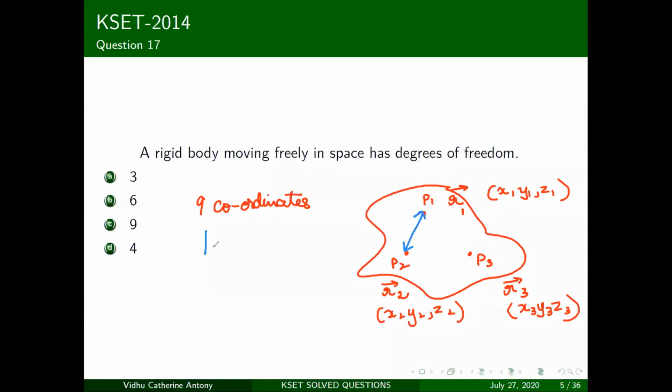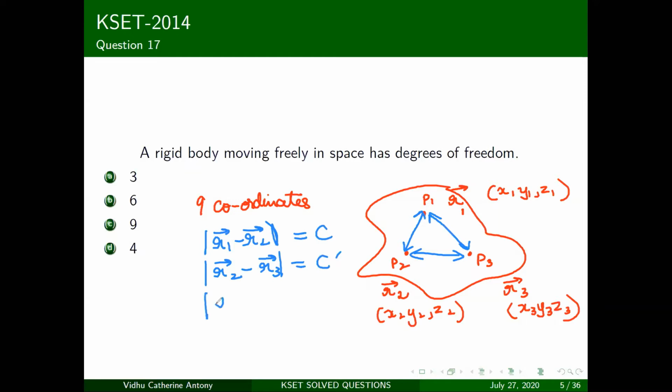Basically, you have modulus of R1 vector minus R2 vector is equal to some constant, say C. Then another constraint equation, modulus of R2 vector minus R3 vector is equal to C prime. And then another, modulus of R3 vector minus R1 vector is equal to C double prime.